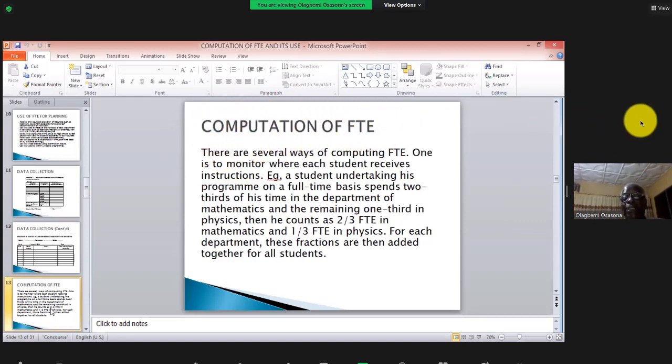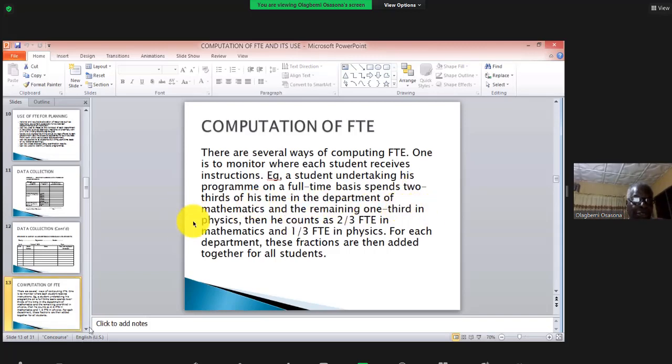One way is to monitor where the student has registered for courses, where he's receiving instructions, and where he spends his time. If, for instance, I want to major in mathematics and I register for mathematics and I spend 2/3 of my time in mathematics and 1/3 of my time in physics, then I only account for 2/3 FTE in mathematics and 1/3 in physics.